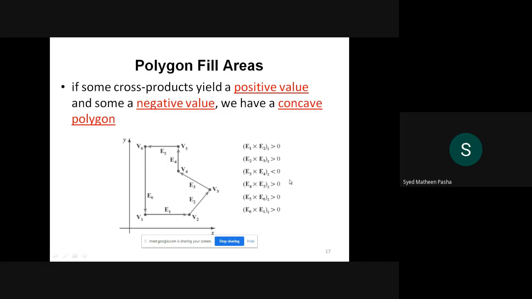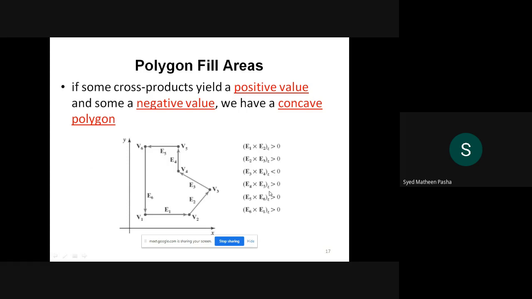So this is identification algorithm 1. You need to represent this in a diagram which consists of vertices as well as edges. Then I take the cross products of each edge vector and check whether the output of that cross product has the same sign or different positive and negative values.